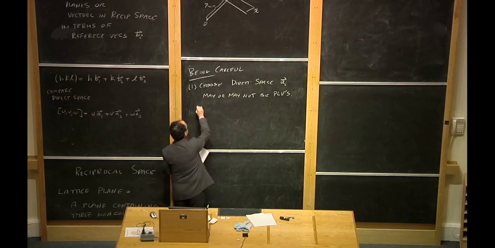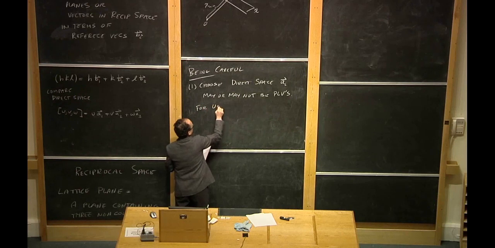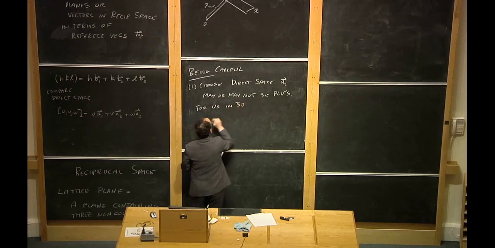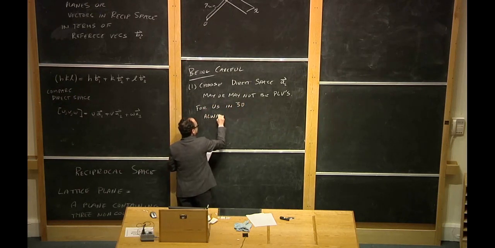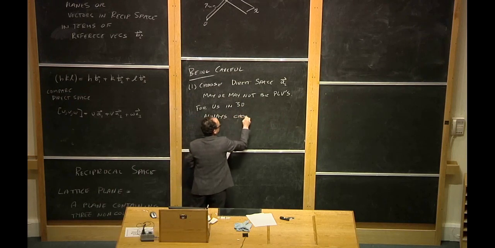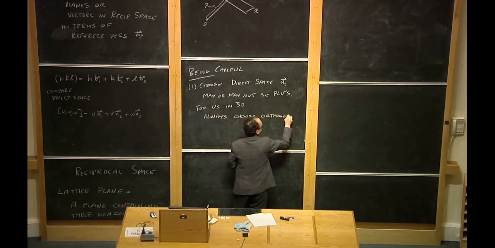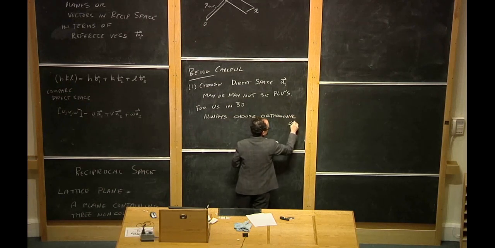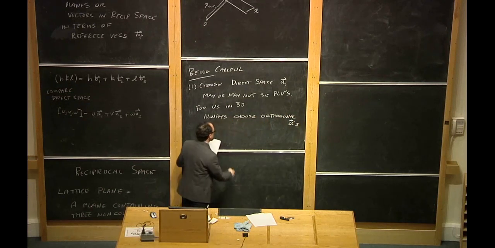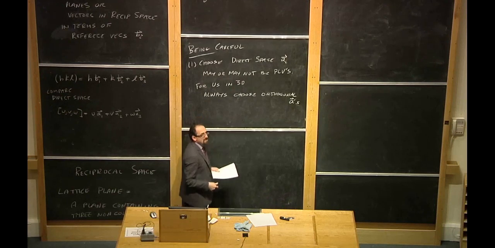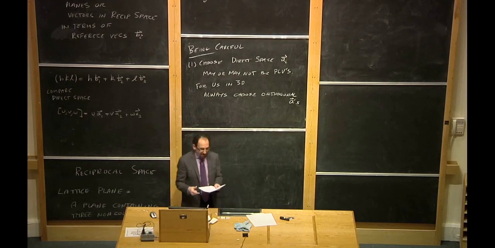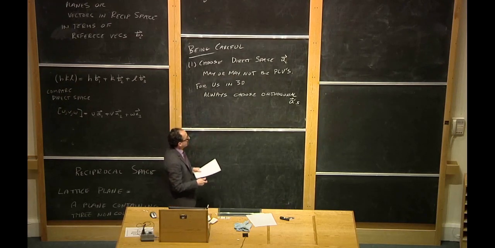Okay? For us in 3D, we always choose orthogonal A's. Sometimes in 2D they'll ask a question where they're not orthogonal, but in 3D we always choose orthogonal A's.